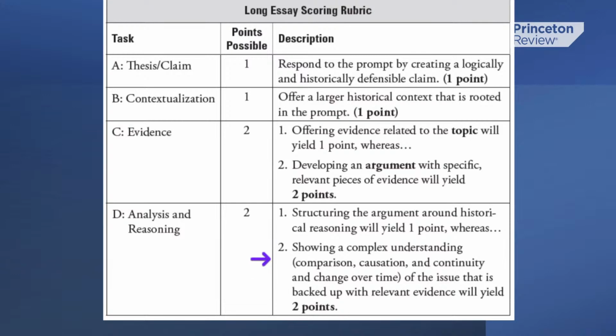That's the sophistication point that we talked about. And the sophistication point really comes down to looking at all sides of the issue, especially the comparison, causation, continuity, and change. And also writing in a sophisticated manner helps too. So very similar to the other rubric.